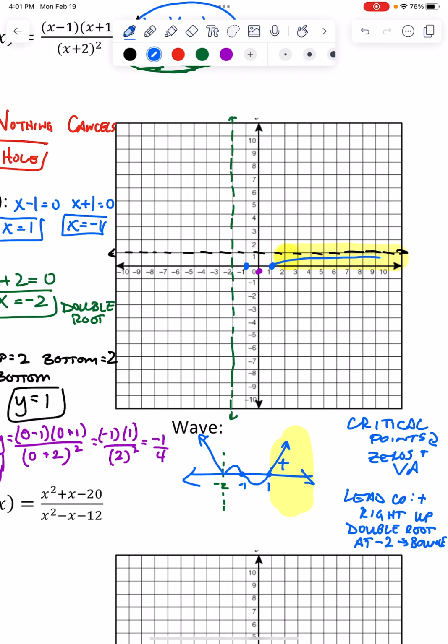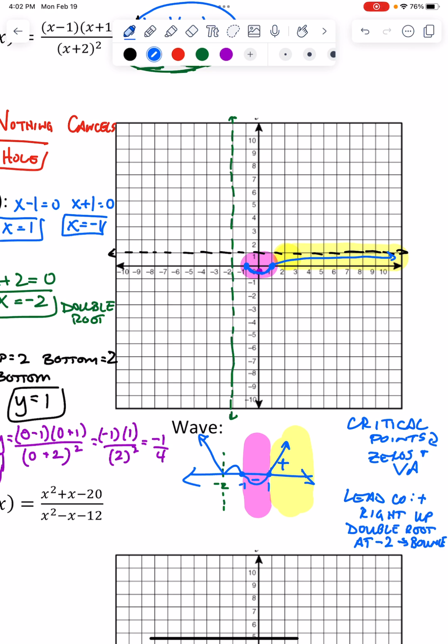So we want to be up here, okay? And then when we're between 1 and negative 1, so in this area, between those two, we want to be negative. So we want to be down below the x-axis there, go through that y-intercept.